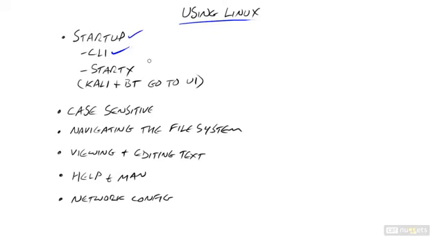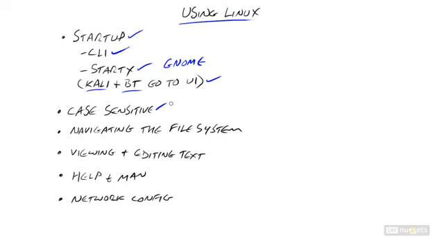If you are at a CLI and you want the graphical user interface, type startx, and it will load whichever UI has been packaged for that particular installation of Linux. Most of the time I'm using GNOME, G-N-O-M-E. That's a very popular one, and there's several other really good ones out there. Kali and Backtrack Linux, as well as Backbox, which I showed you earlier, they all go directly to the UI, but of course you could go out of the UI to a CLI if you wanted to.